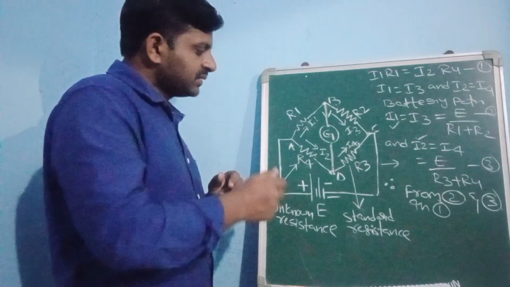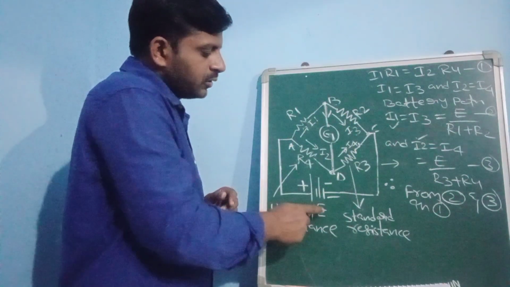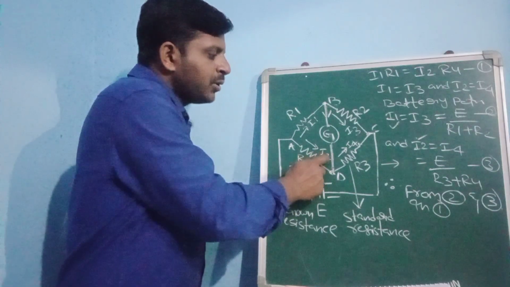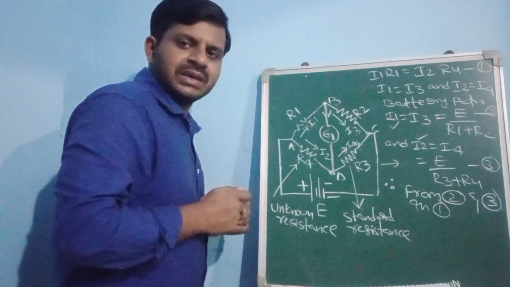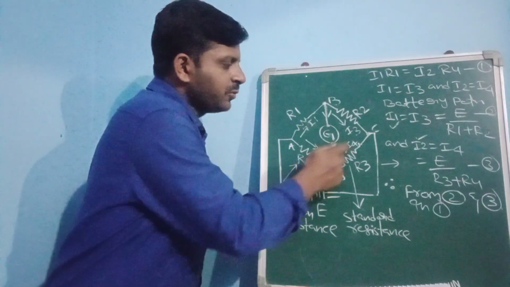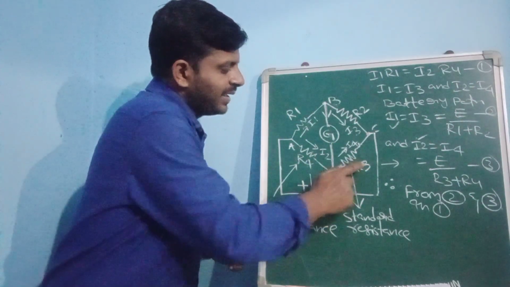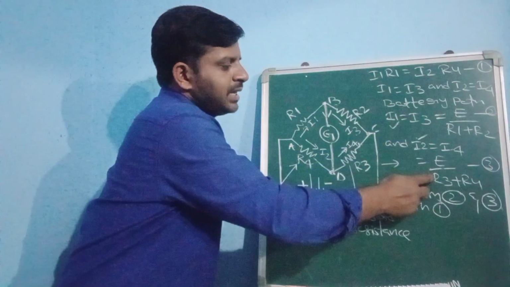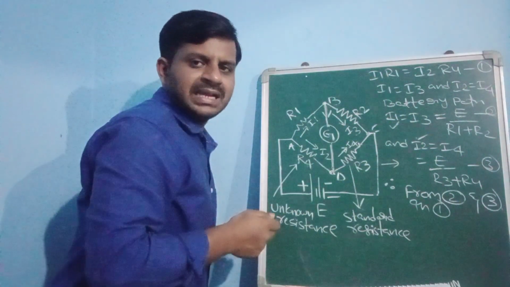So I1 equal to I3 is equal to E by R1 plus R2. And also both I2 and I4 currents are equal by the bridge's balanced condition. So I2 equal to I4 equals E by R3 plus R4. So those are the balanced condition current equations.